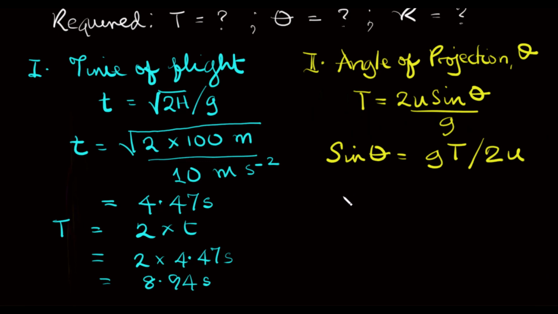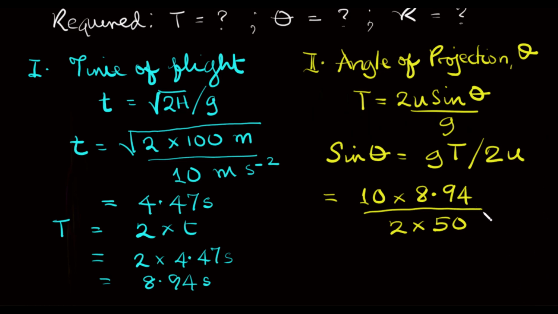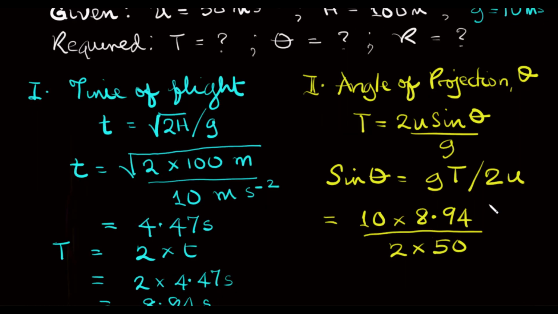Then substitute the values of g as 10 and the calculated value of t, 8.94, all over 2 times 50, which is our initial velocity.